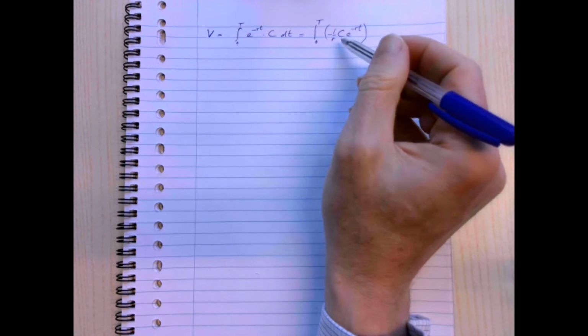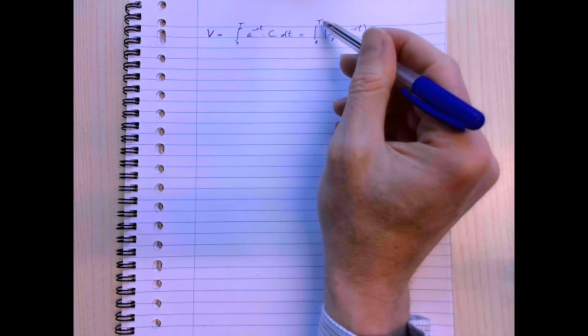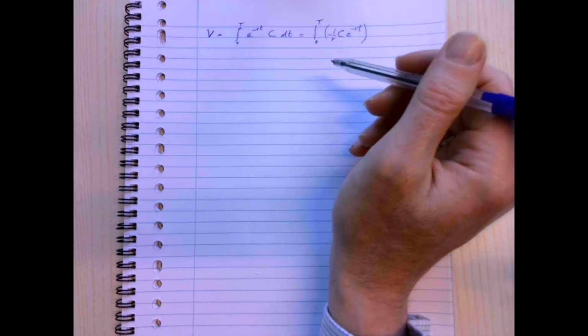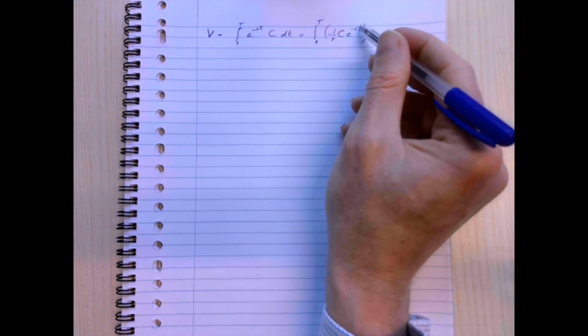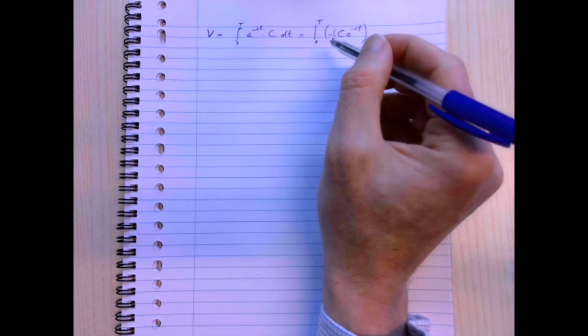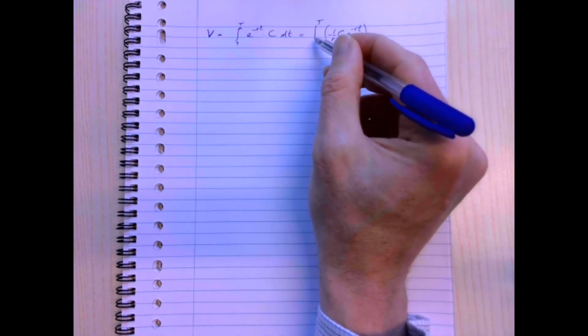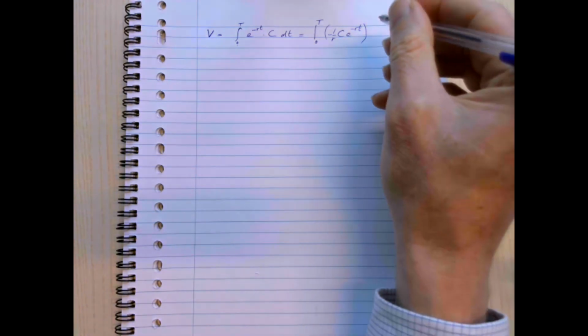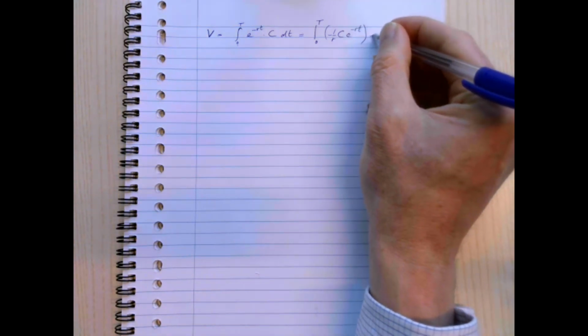Now, that's the indefinite integral. I have to compute the definite integral. I have to evaluate this first at the upper boundary. So I have to substitute for every little t, well, it's only here, the capital T, and now subtract the same thing, but evaluated at little t equals 0. So how much is that?